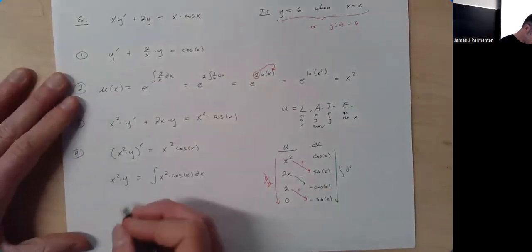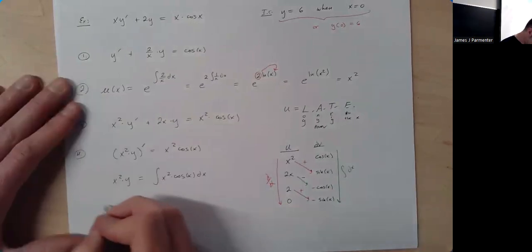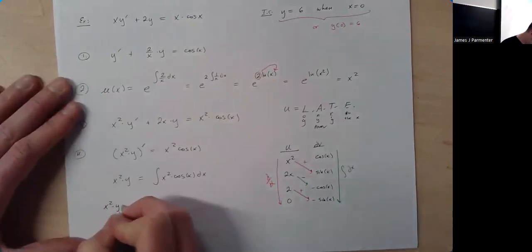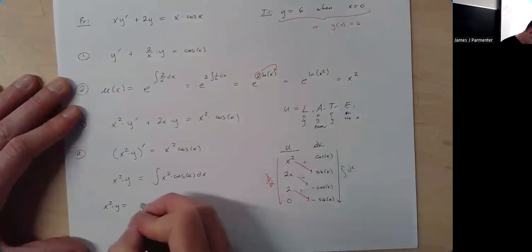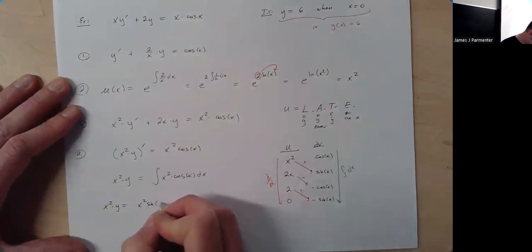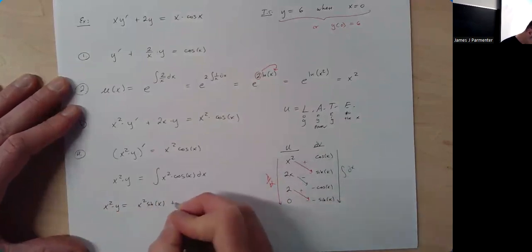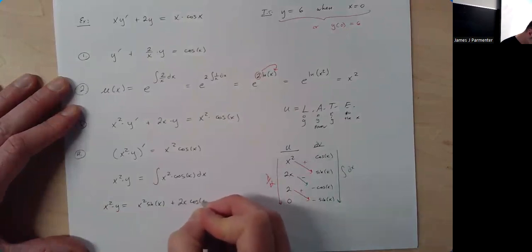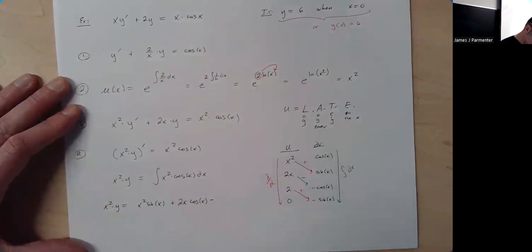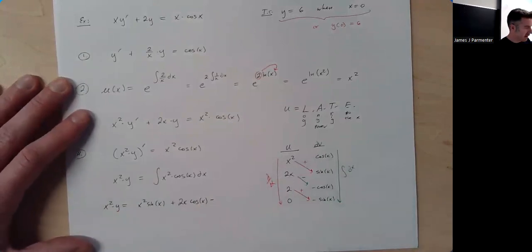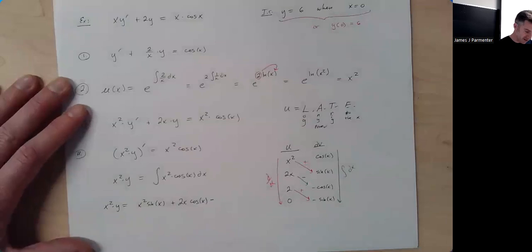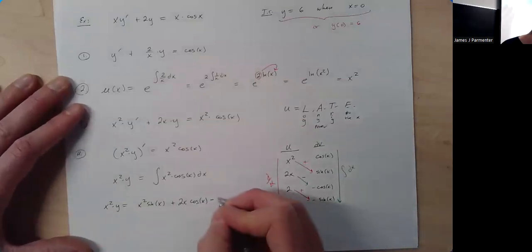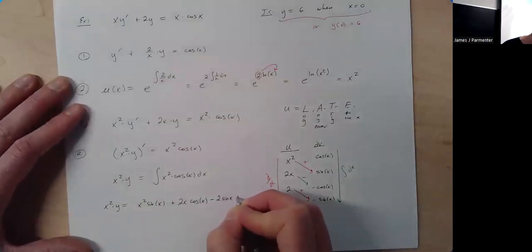So this is going to end up giving us x squared times y equal to x squared times sine of x plus 2x times cosine of x minus, and this is where I was afraid I'm going to have to change my initial condition. That's all right. Minus 2 times sine of x plus c.